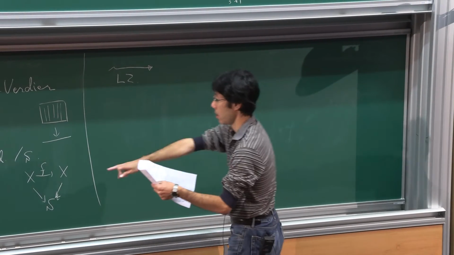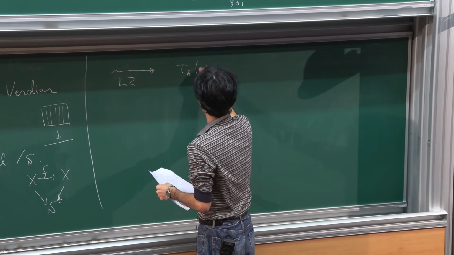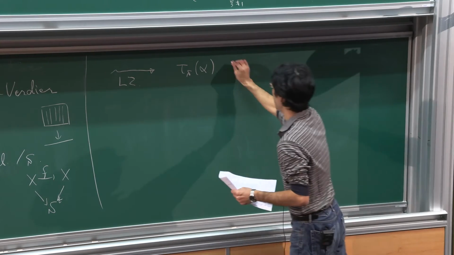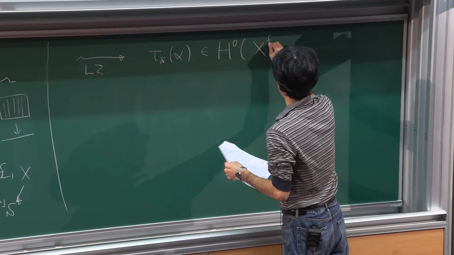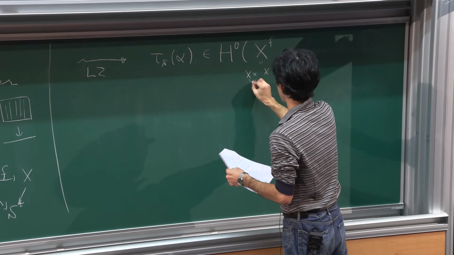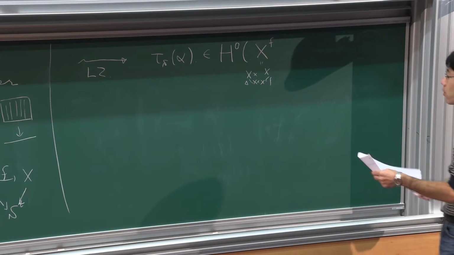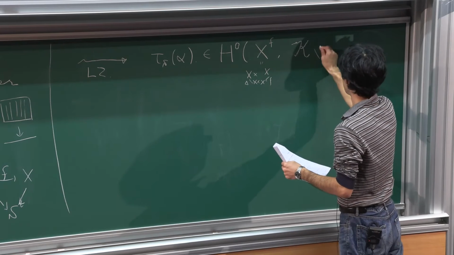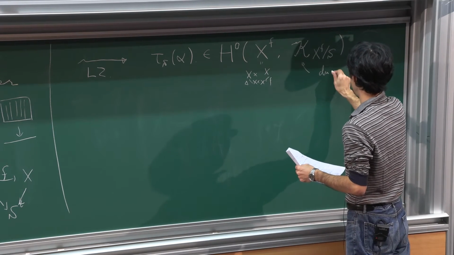So they associated to this alpha a class, which I denote by tau S of alpha. It is a class on the fixed points of f, with coefficients in the canonical relative dualizing complex.